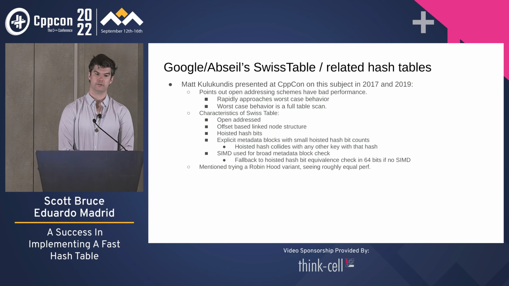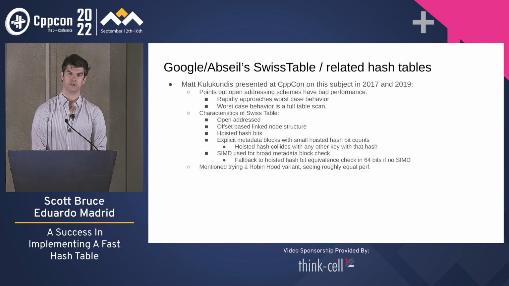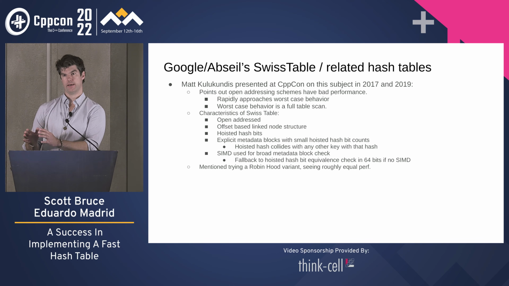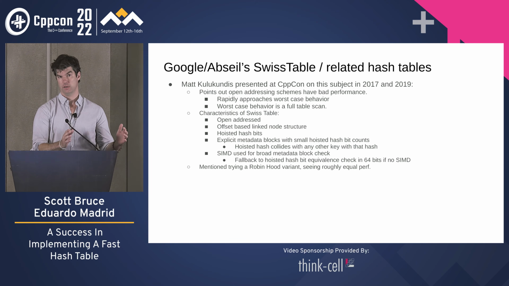So Google did a very good table implementation called a Swiss table. It's a linearly probed hash table that takes some bits of the hash, calls it a tag, hoists it into metadata, packs that metadata together, and then does SIMD operations against that metadata to do fast checks to rule out keys.